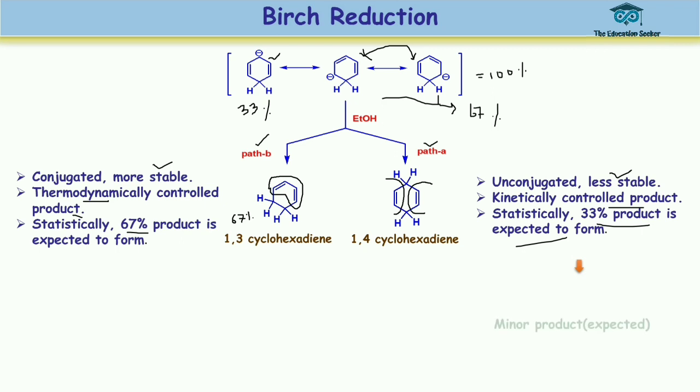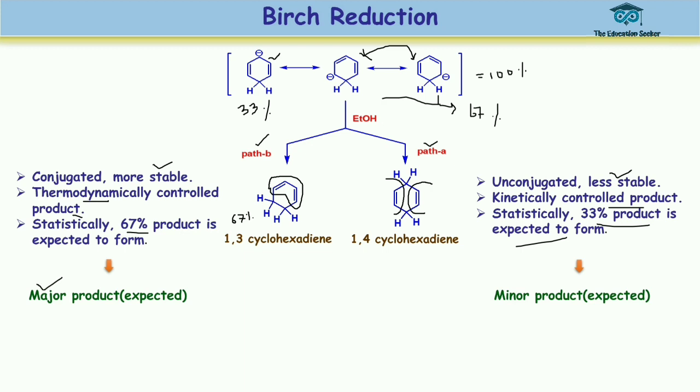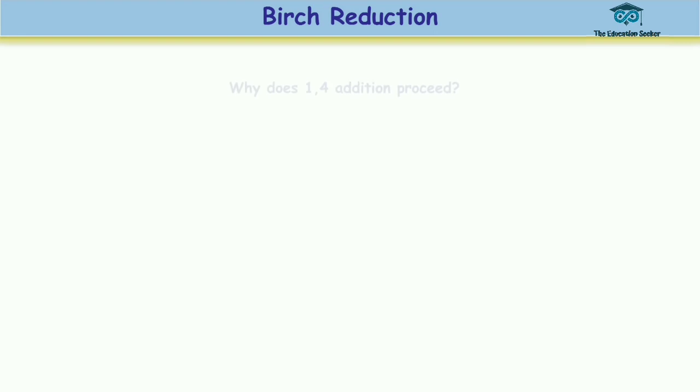So we can expect 1,4-cyclohexadiene as a minor product, and 1,3-cyclohexadiene as a major product. But in reality, that is, in experimental conditions, the 1,4 addition product is the only observed product.